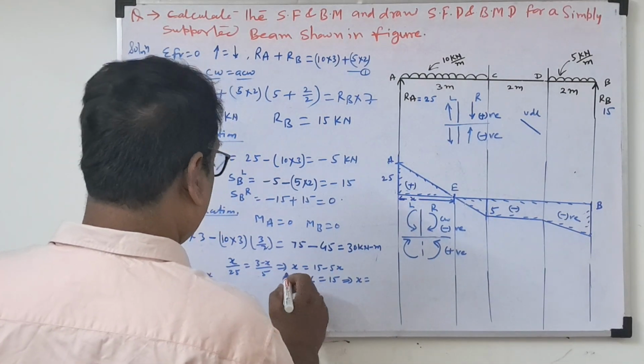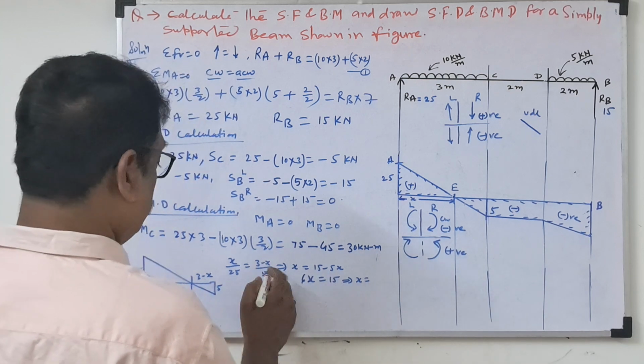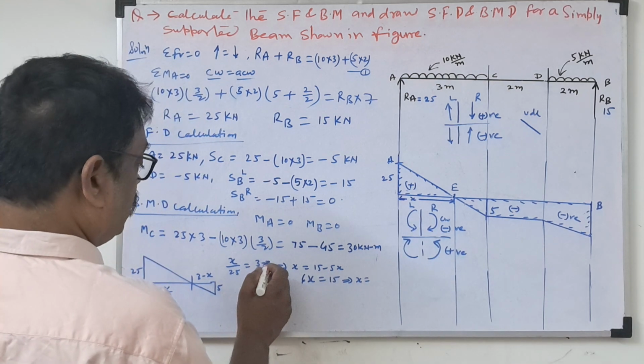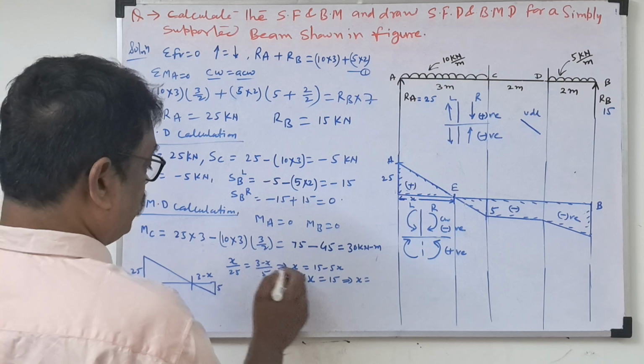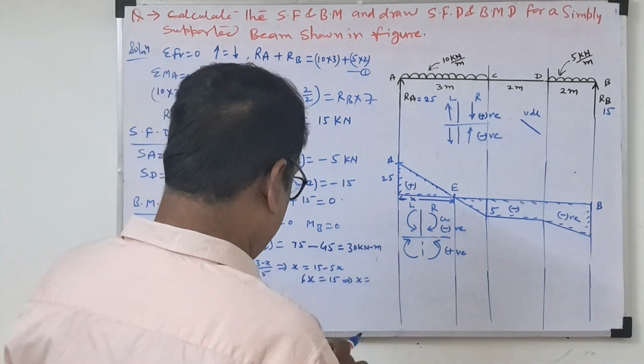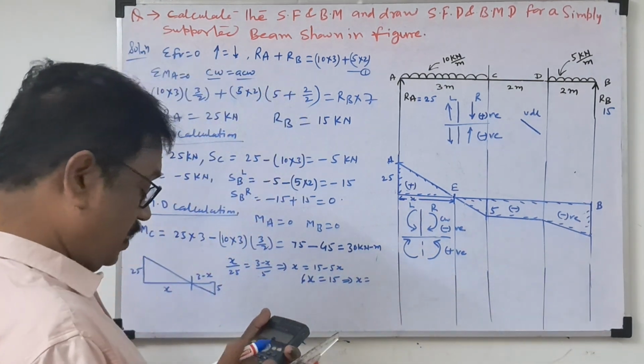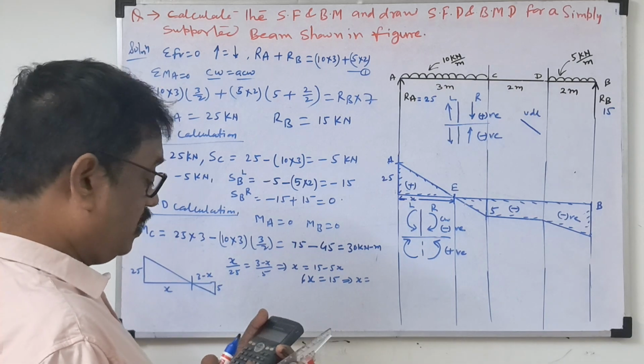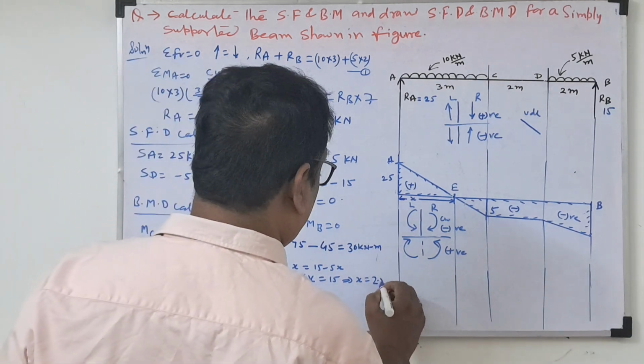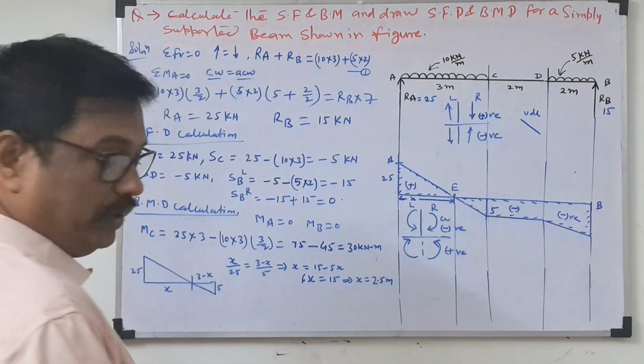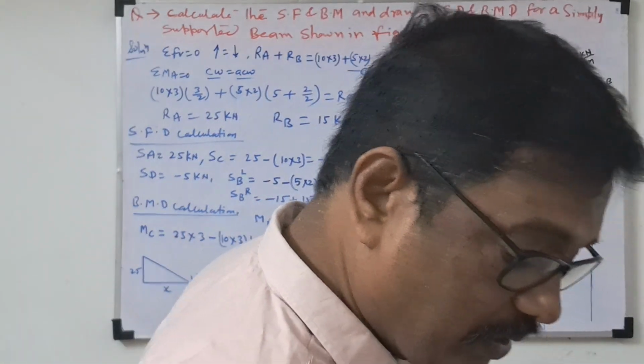X equal to 15 divided by 6, coming 2.5. So x equal to 2.5 meter. We know that x equal to 2.5 meter.